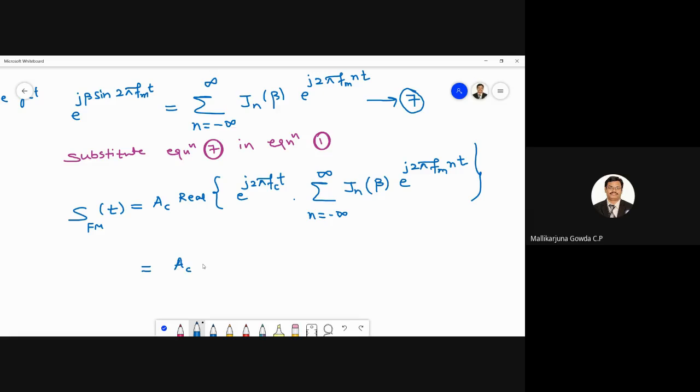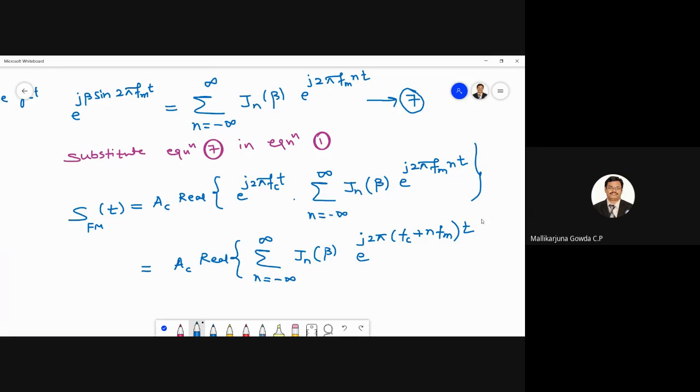So Ac real part of summation n equal to minus infinity to infinity Jn of beta, e power j 2 pi of fc plus n fm into t.